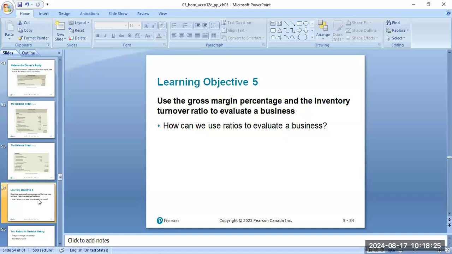So, one more thing. We know how to deal with the perpetual system. We know what to do with the purchases. We know what to do with the sales. We know at the end of the period how to close, which accounts we have to close. The new accounts that we have to close, which is the contra account to the sales revenue, which is the sales return and allowances.